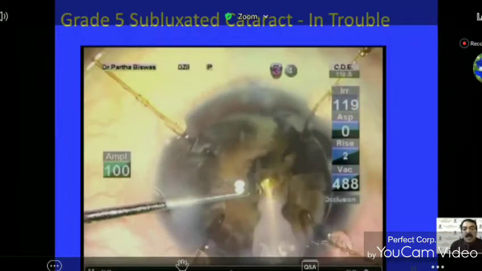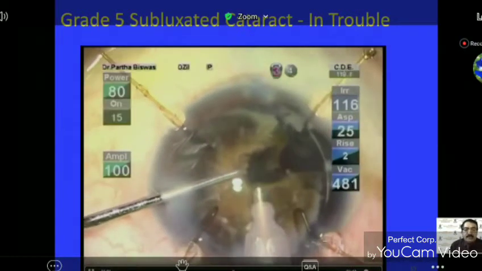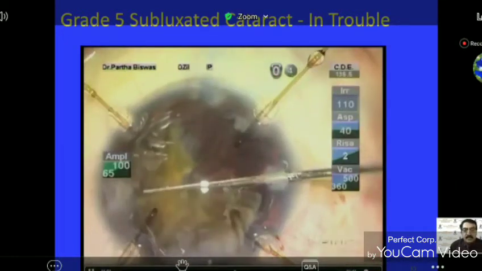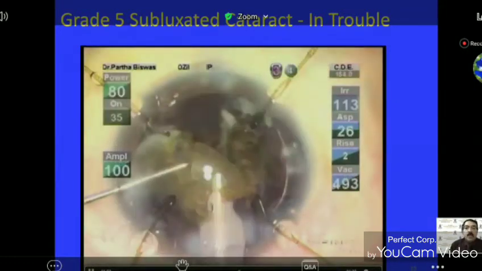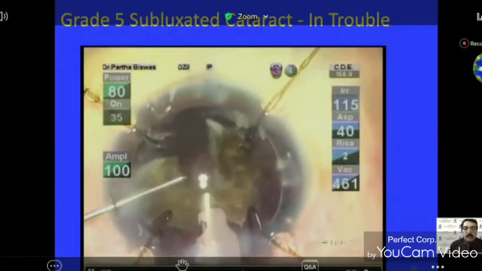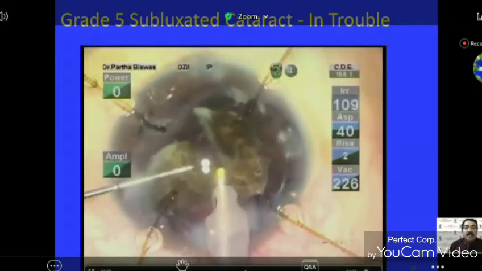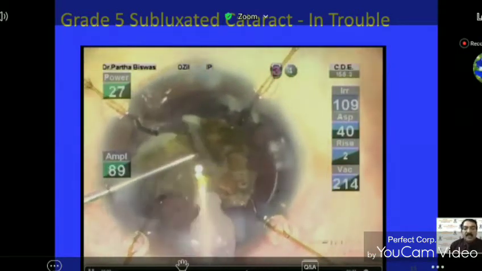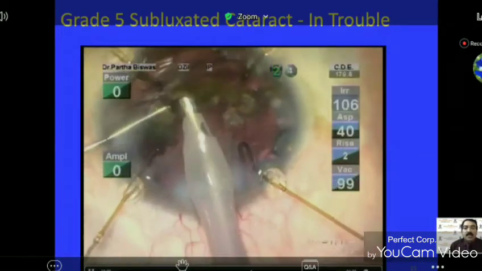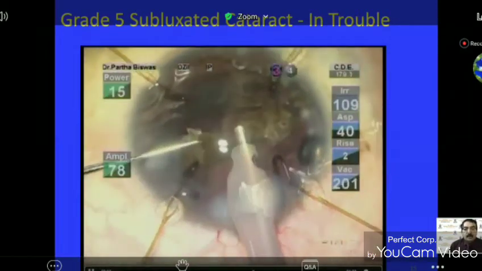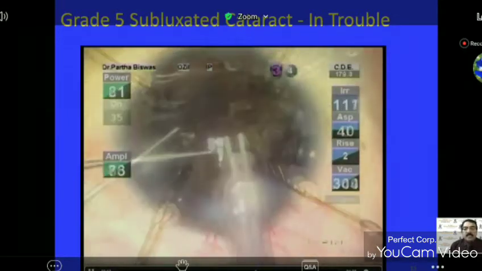So we carve out small pies of this grade 5 cataract so that these small pies can be eaten away, more space is possible, and replacing with high molecular weight viscoelastic, we are able to retain the integrity of the capsule as well as an unharmed corneal endothelium as much as possible.